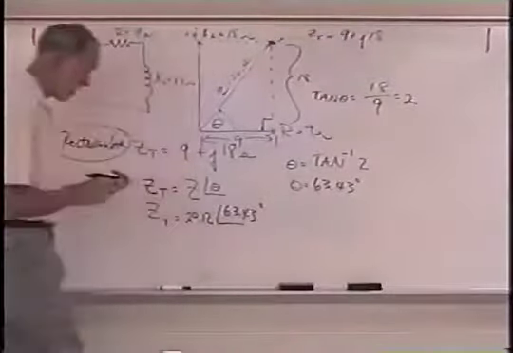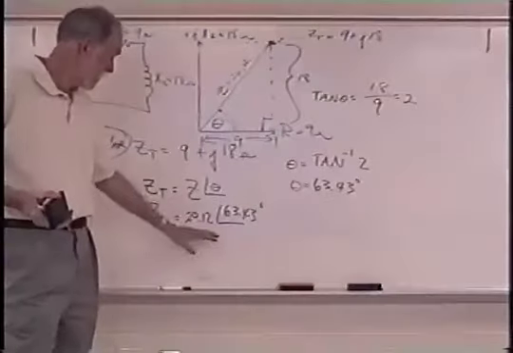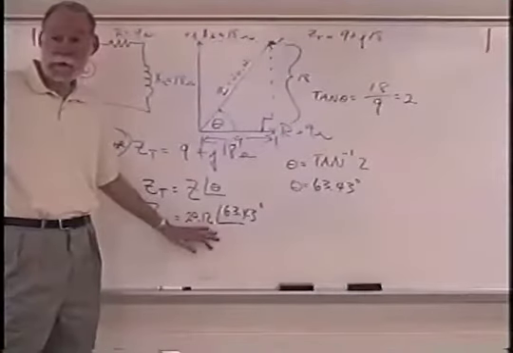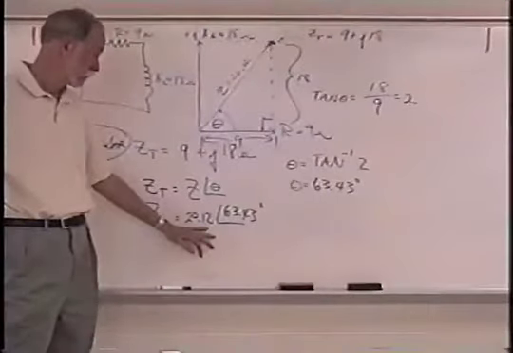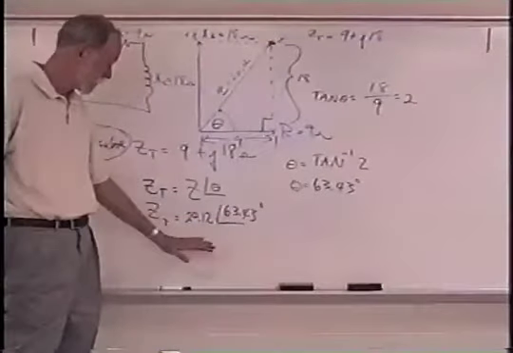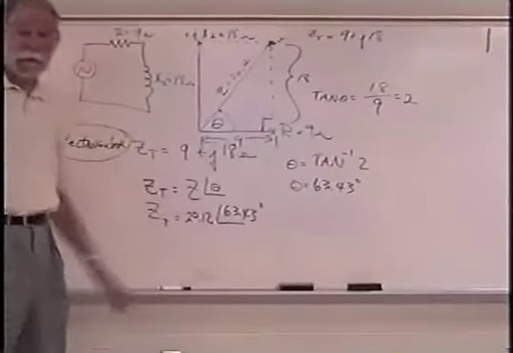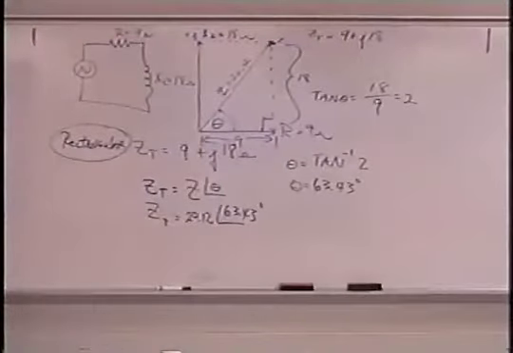Now then, I want to really impress upon you that we can never just simply say that the impedance is 20.12 ohms. We always have to say it's 20.12 ohms at an angle of 63.43 degrees, whatever that works out to be.